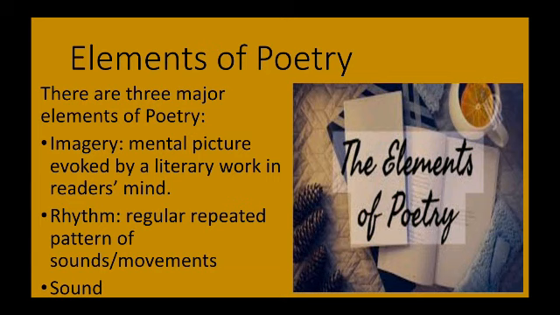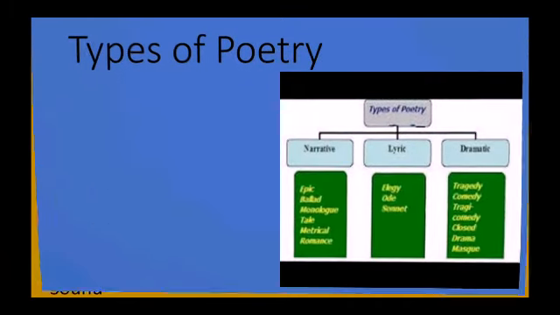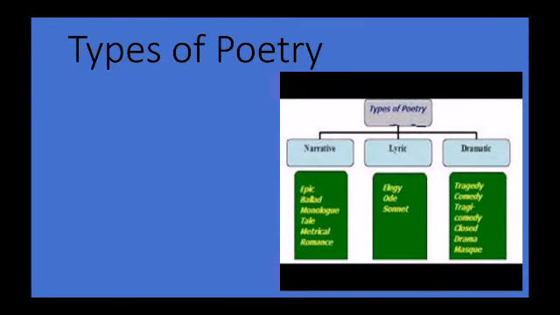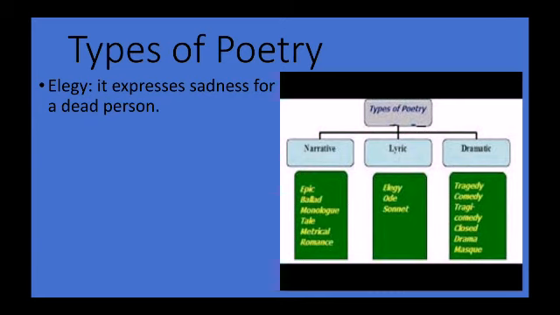So having looked at the elements of poetry, what are the various types of poetry? So let's look at types of poetry. There are so many types of poetry, we can't exhaust them. Some of them include elegy.